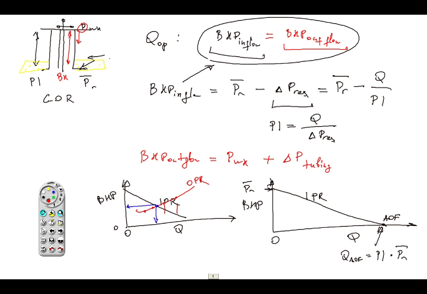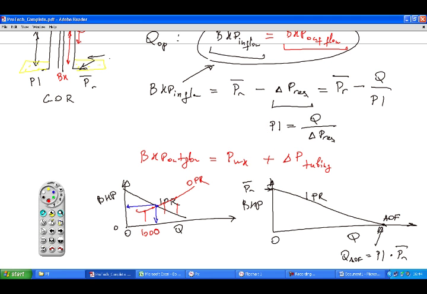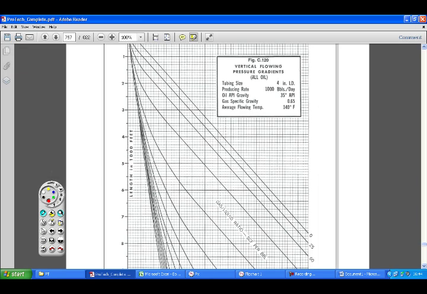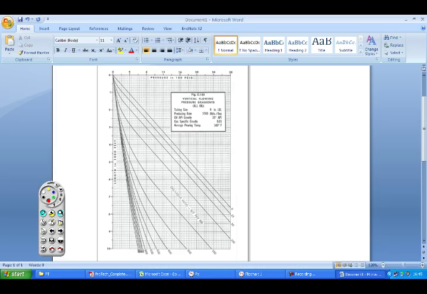Let's find our bottom hole pressure if I'm producing at 1000 barrels of oil per day first. Essentially we will be using this chart describing pressure losses for 1000 barrels of oil per day. It's this chart here.